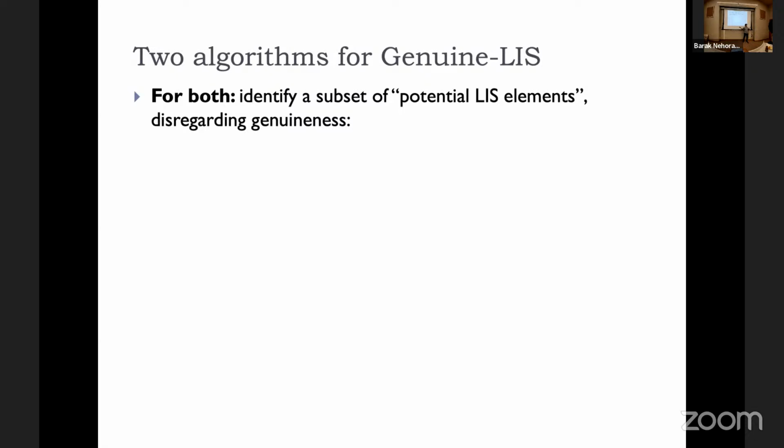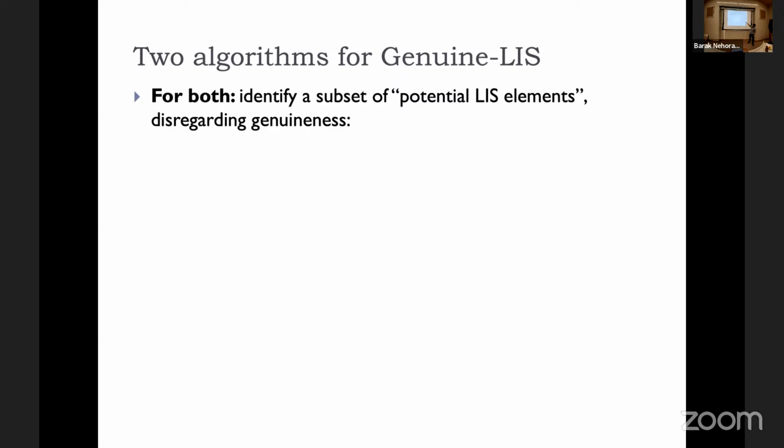We have a sequence of characters, and we need to find the length of the longest increasing subsequence, modulo that some elements are not genuine. Remember, access to the string is free, so we can look over the string and imagine what could be the LIS. It's for free. It doesn't cost anything.